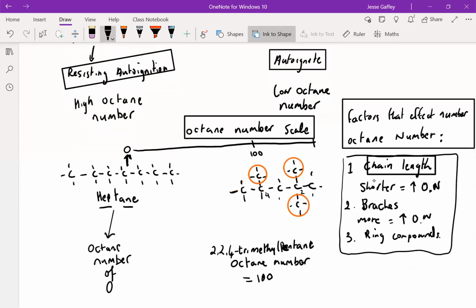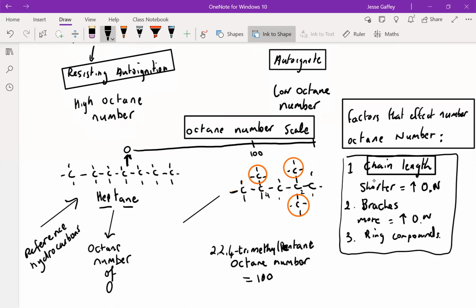And these 2 substances here are what we call reference hydrocarbons. They're what we use as a reference to create a scale. So those 2, we need to know the names of them and which octane number they get.